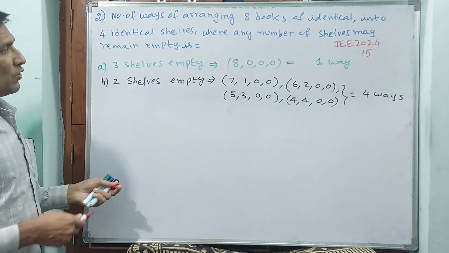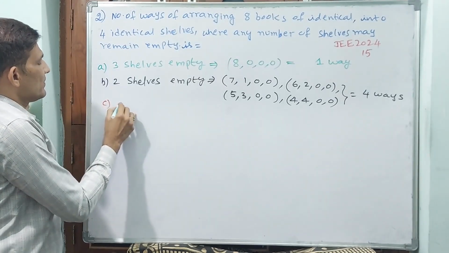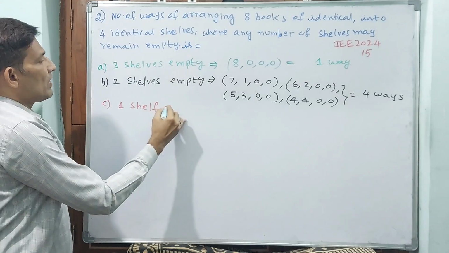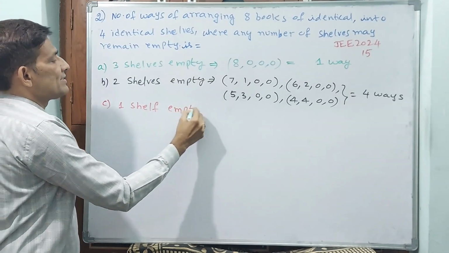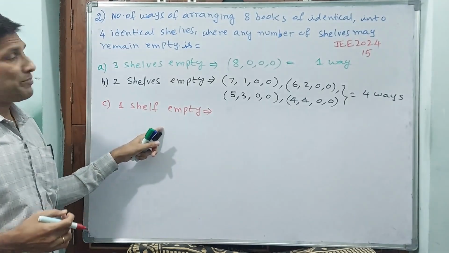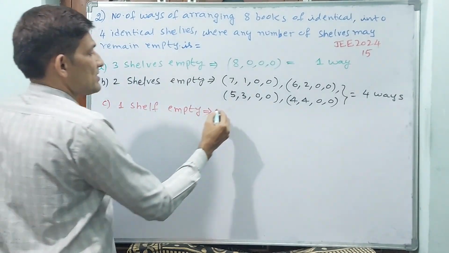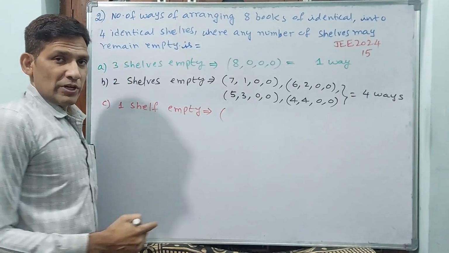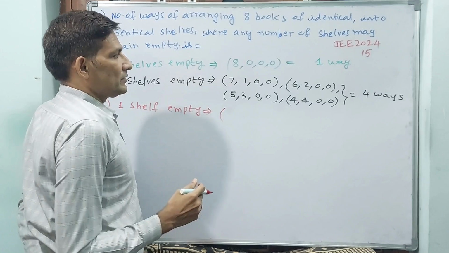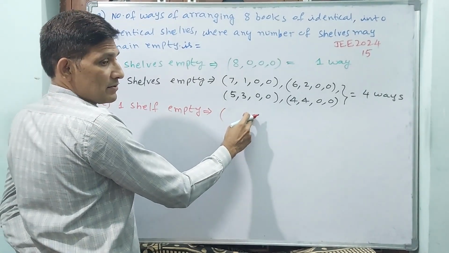Now go for 1 shelf empty. Okay, 1 shelf empty. 3 shelves empty, 2 shelves empty, 1 shelf empty. 1 shelf empty means see, 1 zero only should come. Even if 7 comes, 1 1 is 9.